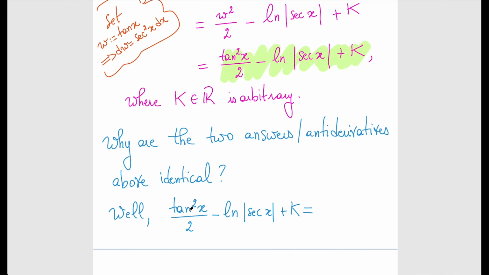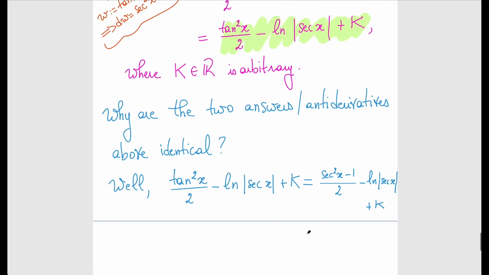Tangent squared x is equal to secant squared minus 1, right? So this guy is secant squared x minus 1, over 2 minus ln of the absolute value of secant x plus k.